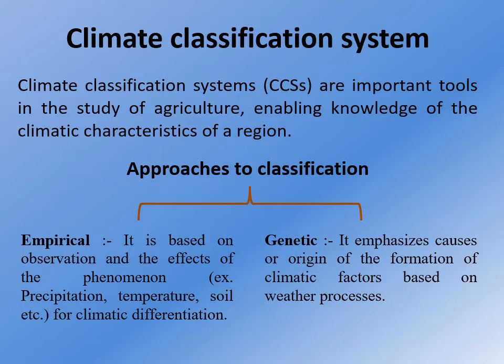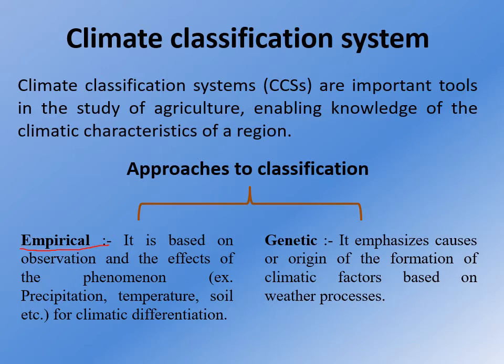Now, when we approach classifying climate, there are two ways by which classification can be done. The first approach is known as the empirical approach. In this type, the climatic condition is denoted through some observed phenomena or observed effects in an area or region.